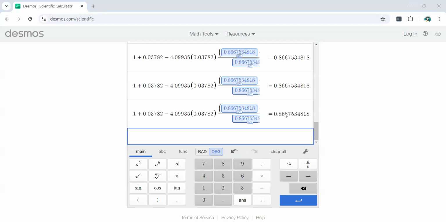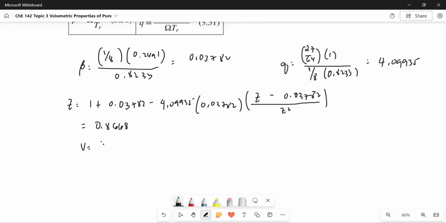Z is 0.8668. So to get V, it is simply ZRT over P. That's 0.8668 times 83.14, times the temperature, over the pressure.